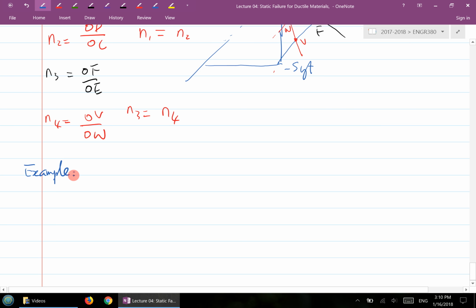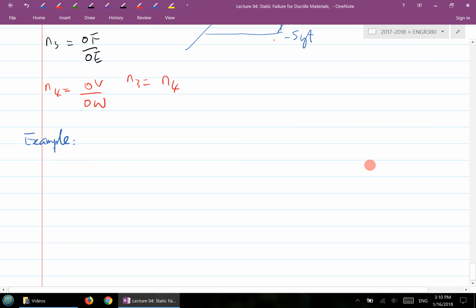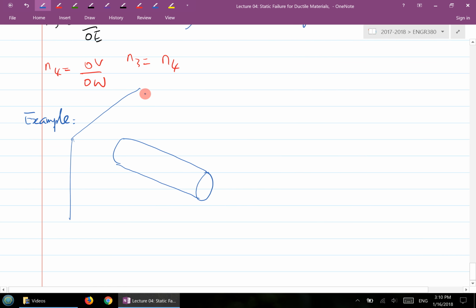This example is to put it into an actual loading condition, an actual case like this. So I'll draw something to illustrate this particular case. Let's say we have a bar fixed to the wall.